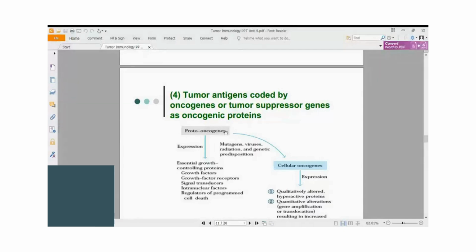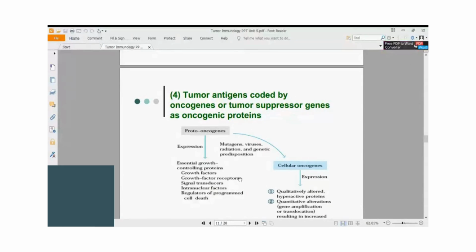But on mutation, they will lose that ability of tumor suppression, or they may overexpress certain proteins on the membrane of the cancer cells, and overexpression of those proteins gives the malignant feature to the cancer cell. And sometimes some of them act as growth factors and produce that growth factor in excess, which will facilitate cancer growth. And some are growth factor receptors, or intracellular nuclear transcription factors or signal transducing factors.